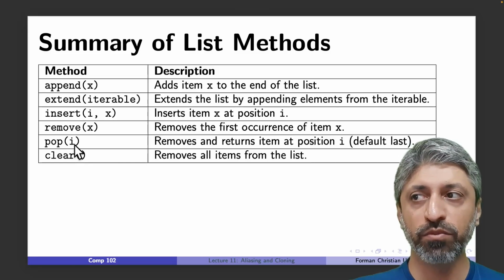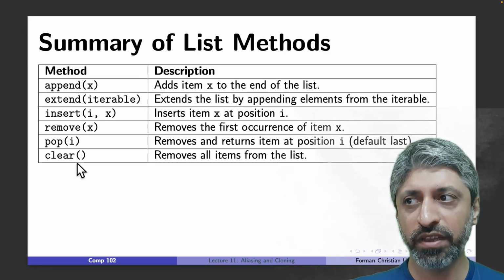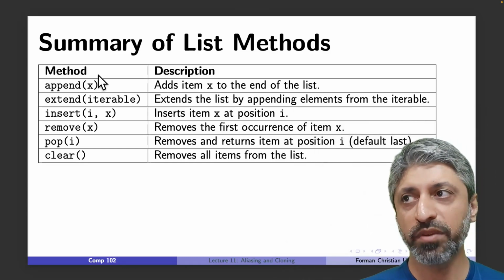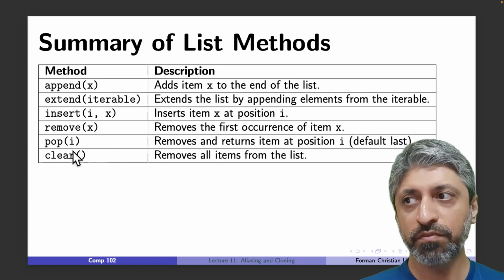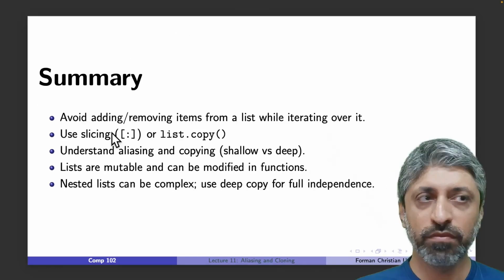So if you remove i, and put nothing here, leave the parentheses empty, it's going to remove the last one. The default is the last, and clear is going to clear the entire list. All of these pretty much mutate the original list. Pop is the one which removes and also returns a value.